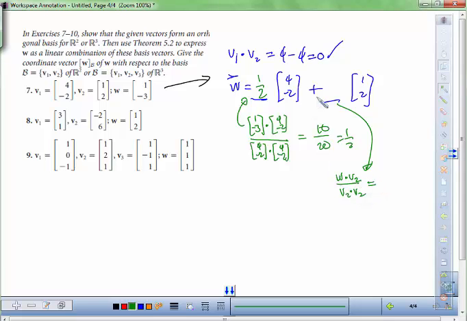And W dot V2, I'm going to take my W and look at my V2. So 1 minus 6 is negative 5. And then V2 dotted with itself is 1 plus 4 is 5. So that looks like it's negative 1.